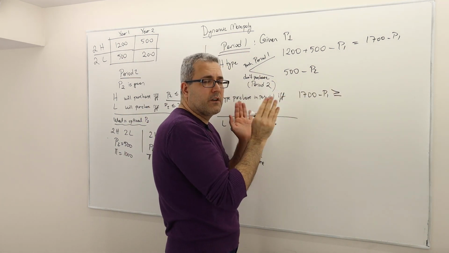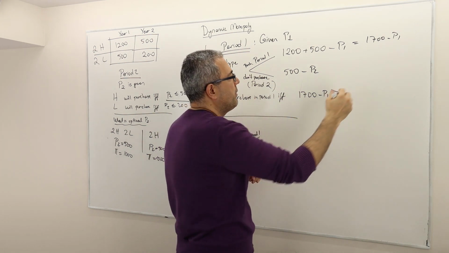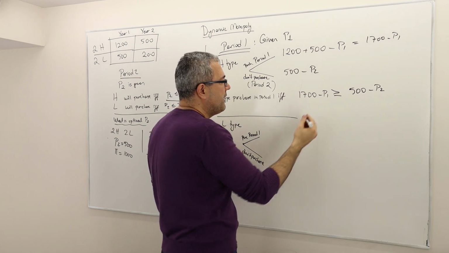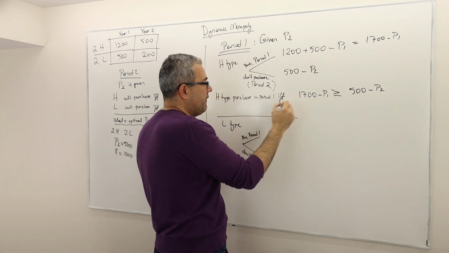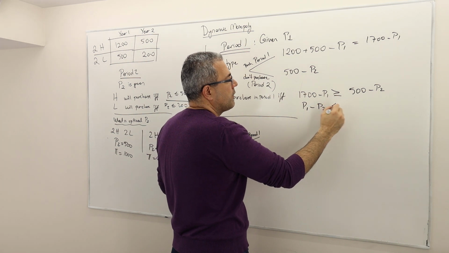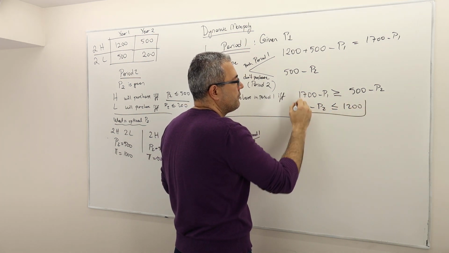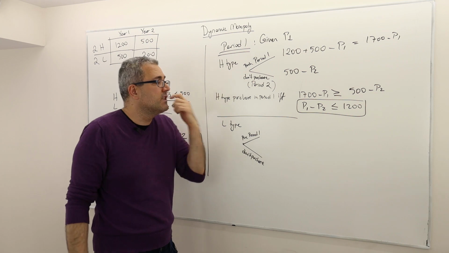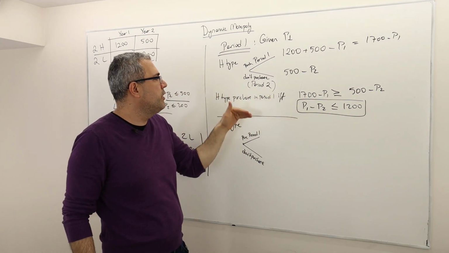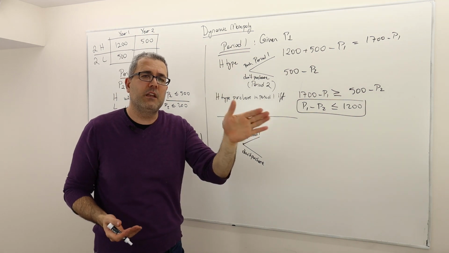Whenever he's indifferent, he will purchase in period 1 by assumption. That basically means if and only if P1 minus P2 is less than or equal to 1200.